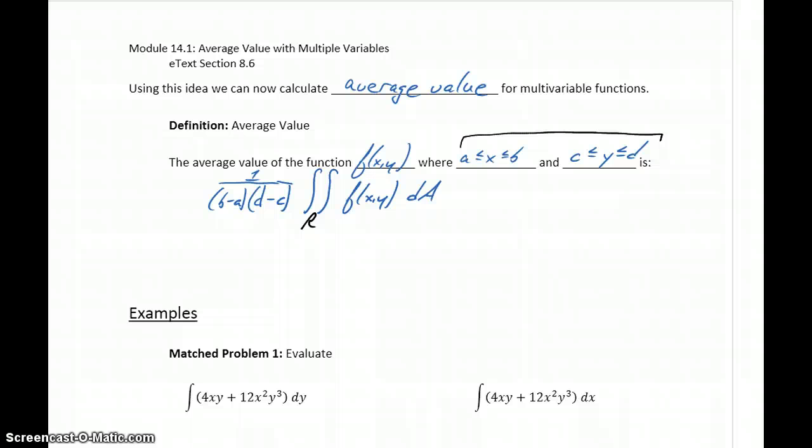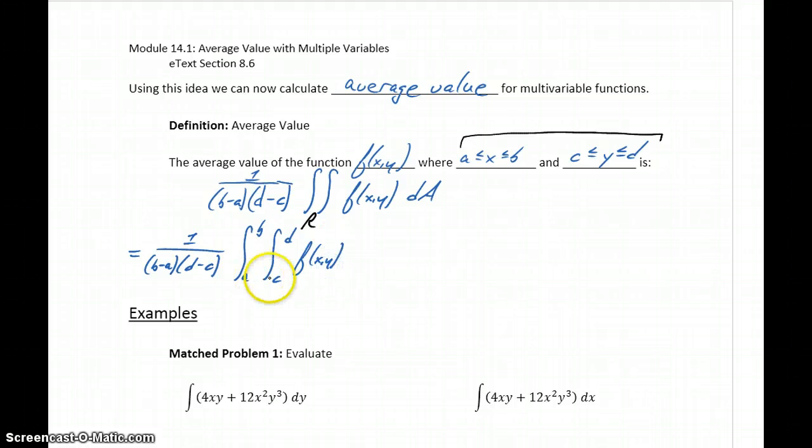Keeping in mind what we just established, that we can integrate with respect to either x or y first, we can rewrite this problem in two different ways. We could rewrite this as 1 over b minus a times d minus c, the integral from a to b, the integral from c to d of f of x y. Since c and d are on that interior integral, first we'll integrate with respect to y, and then the second integration will be with respect to x.